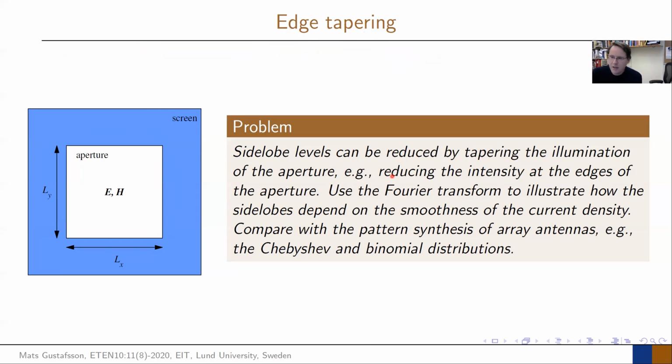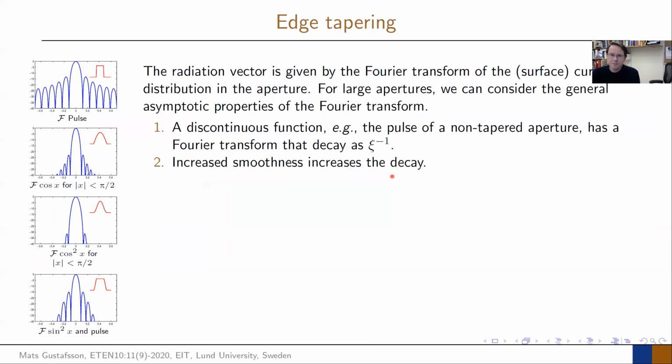So if you look at some examples of this, we can see it illustrated, for example, here. In the first case, what's happening formally is that if you have a discontinuous function, so in this case you have this as a discontinuity, it means that the Fourier transform decays very slowly. So when you take the Fourier transform, you actually have a decay that's only 1 over the Fourier transform parameter.